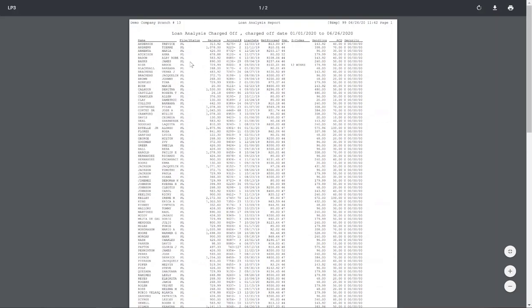So a couple of important pieces of information here on the report: name, PL, P&L, so that's payment and loss, so it's a charge-off. The balance of the charge-off, the account number. You'll see here too that at the end of the account number you have 264629. So this person had 2 different loans, so they renewed.